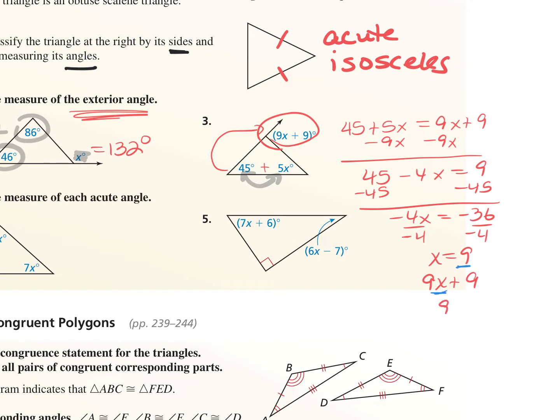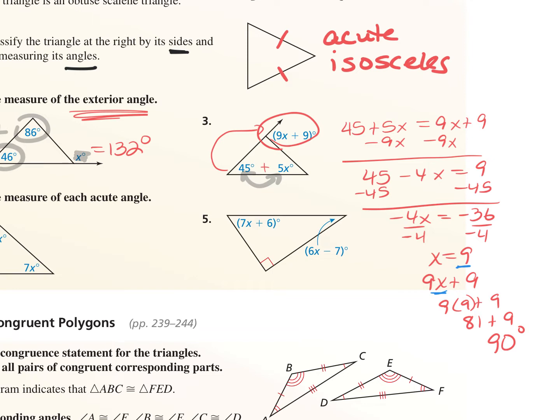So now I'm going to do 9 times 9 plus 9. 9 times 9 is 81 plus 9. And the measure of the exterior angle is going to be 90 degrees. Now remember, you can never assume if it's a right angle or not, but now that I've done that calculation, I can see that it's a right angle.